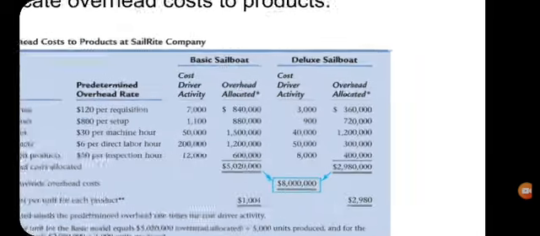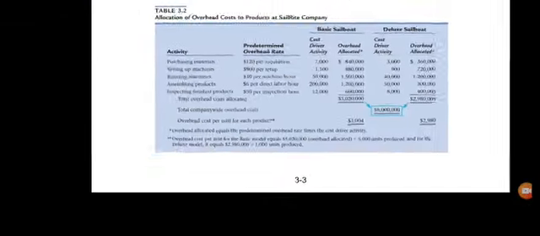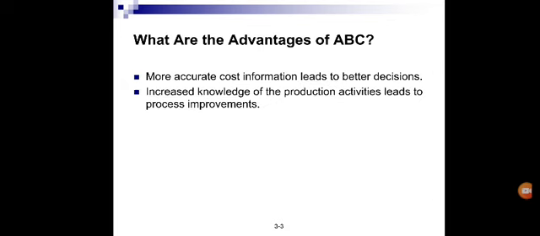Okay, so now you can calculate the overhead cost per unit for each product also. If you want to calculate the overhead cost per unit for each product, then you divide the total overhead cost by the product quantity. Okay, these are the 5 steps that you have to do when you use the ABC system to calculate overhead cost for your product.